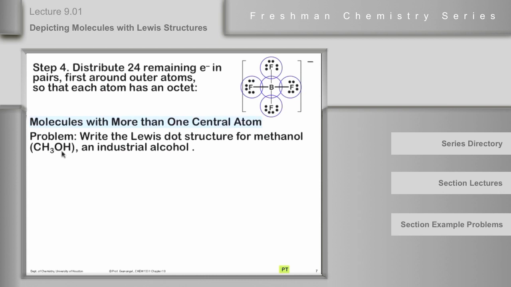Its formula is CH3OH. And so there are 2 heavy atoms. Remembering that hydrogen can never be a center atom, the center atoms in this case will be the other 2 atoms, which are carbon and oxygen. And so we would set up a topology with carbon and oxygen as the center atoms.